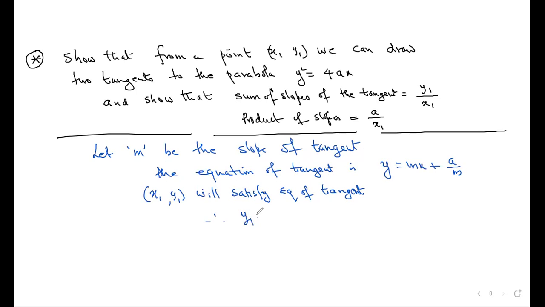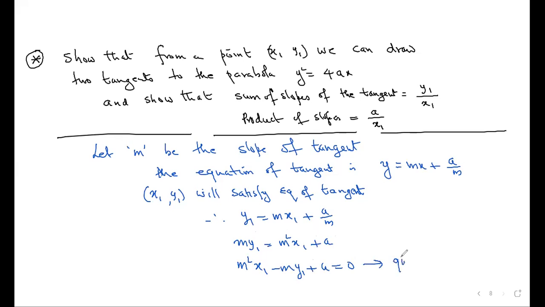Therefore, y1 is equal to mx1 plus a by m. So my1 is equal to m square x1 plus a. So m square x1 minus my1 plus a equal to 0.